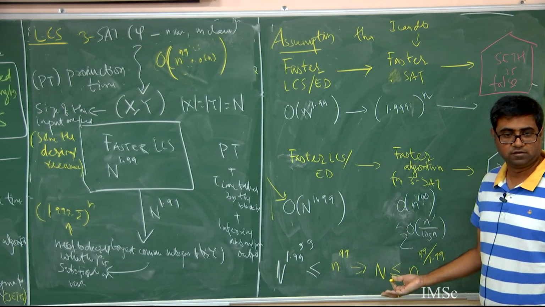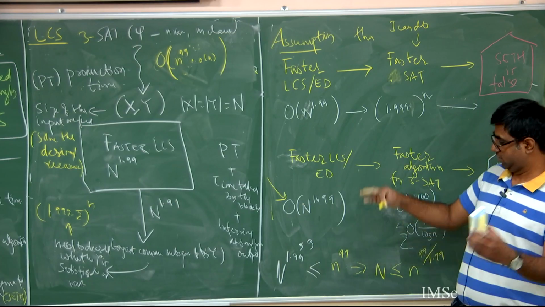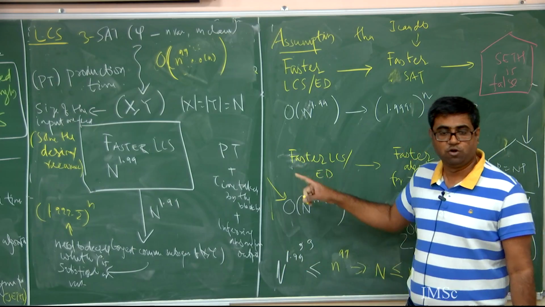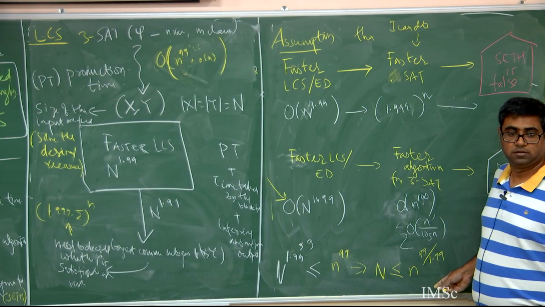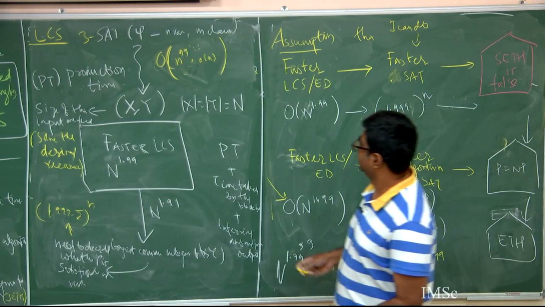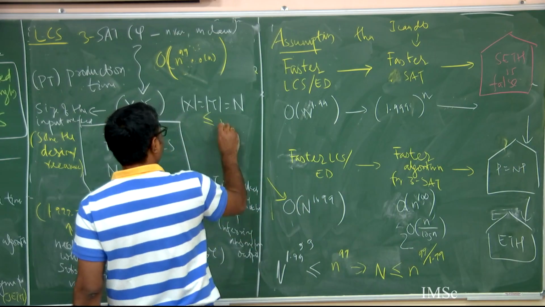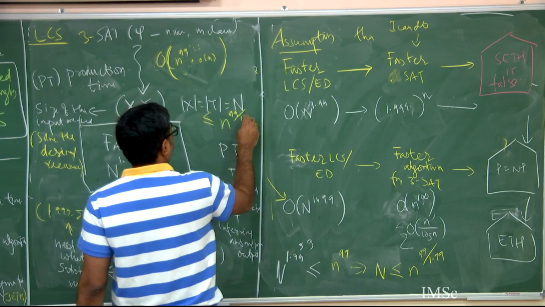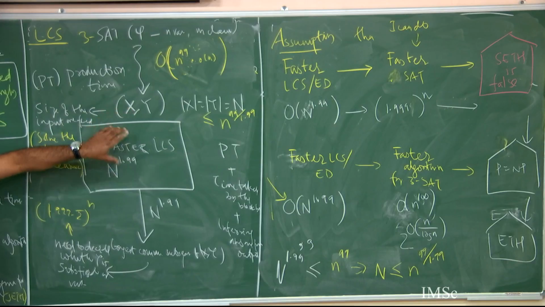That's all that it says, right? Just take 1 over this on both sides, take power of 1 over this on both sides. So this bounds n to be less than or equal to 1.99, right? Okay, so your instance of xy should have size exactly equal to this much.